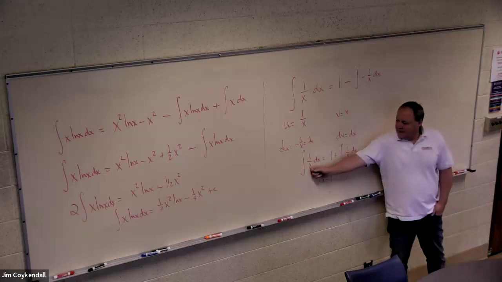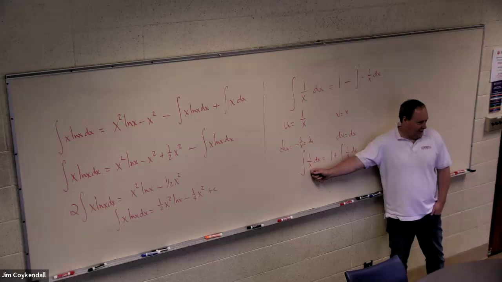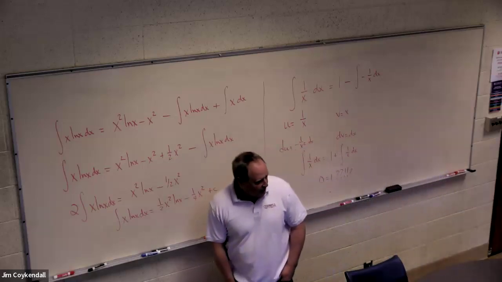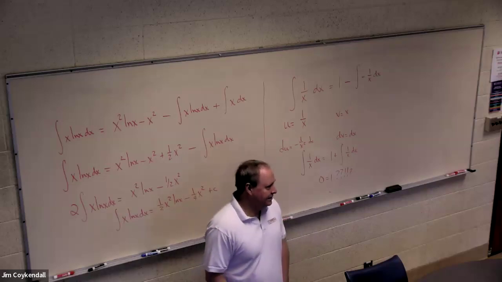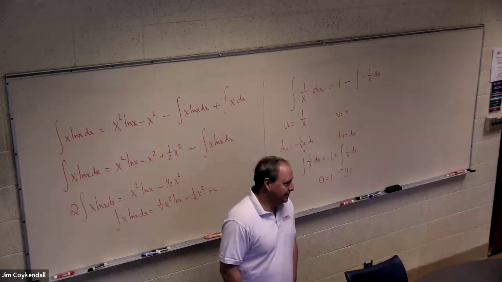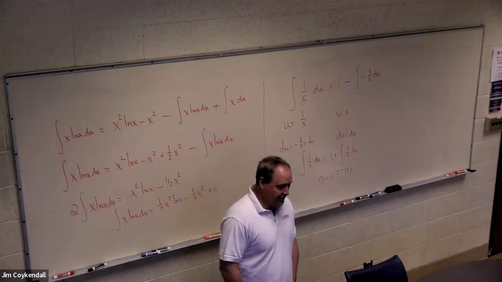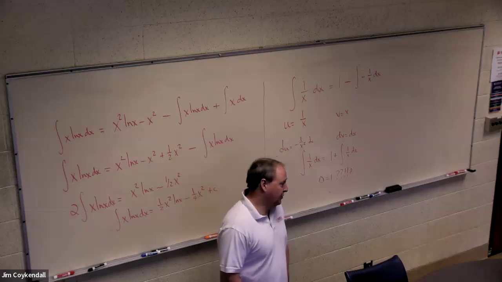What does this mean? This means the antiderivative of one over x. Agree? How many antiderivatives of one over x are there? Are you sure? Give me an antiderivative of one over x. Natural log of x is one. Give me a different one. Now that's just the function itself.